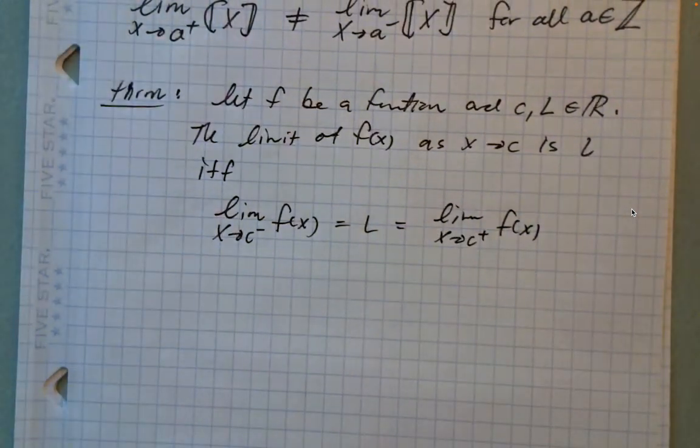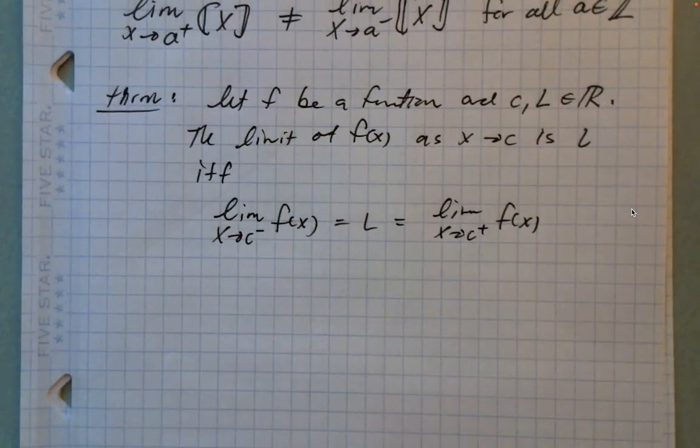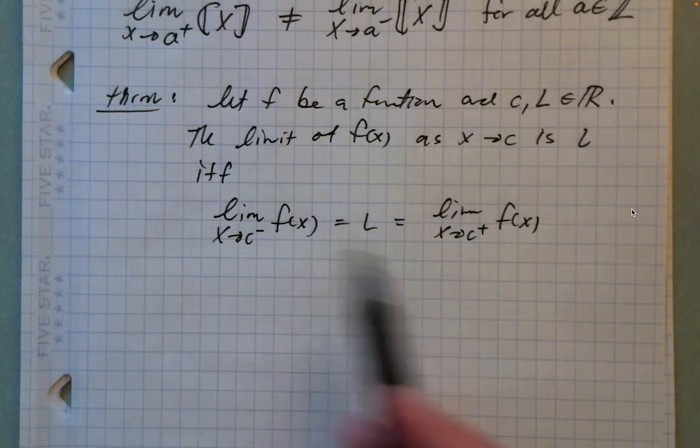That seems like it should be reasonable. The definition of the overall limit basically says that as we approach the limit point c from the left and from the right, from either side, the function has to approach L. That's exactly what happens here.